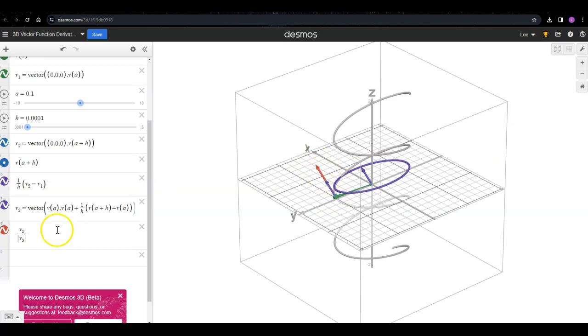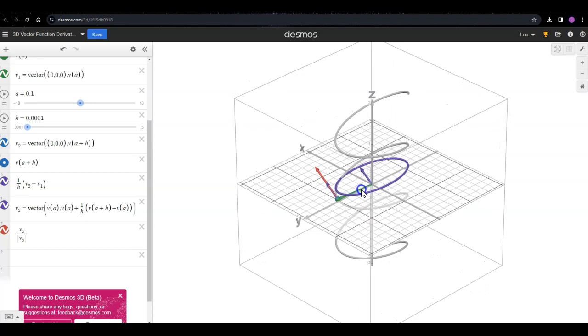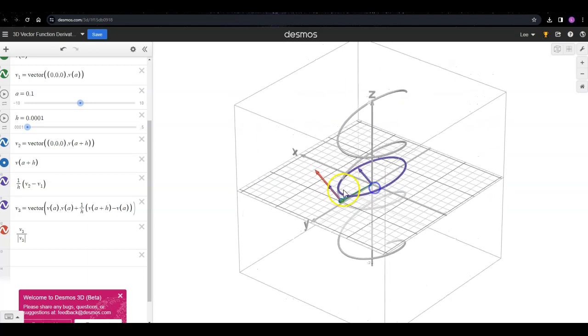Normalizing to a length of 1, this is normally what you would call big T of t. So that would be our defined tangent vector function, big T of t. And it's basically just the derivative, but normalized to be length 1. So just a couple visuals so you can see what we're talking about when we look at vector functions and tangent vectors to a curve.